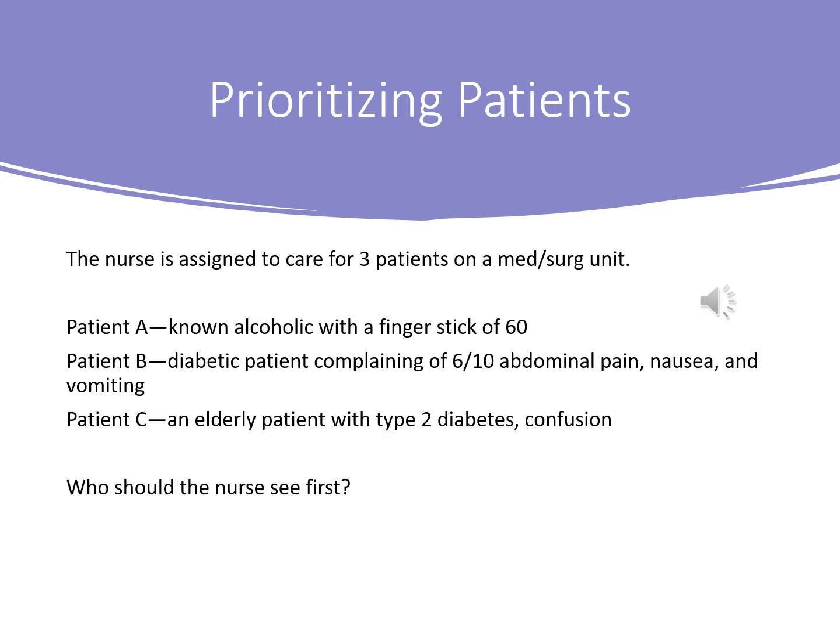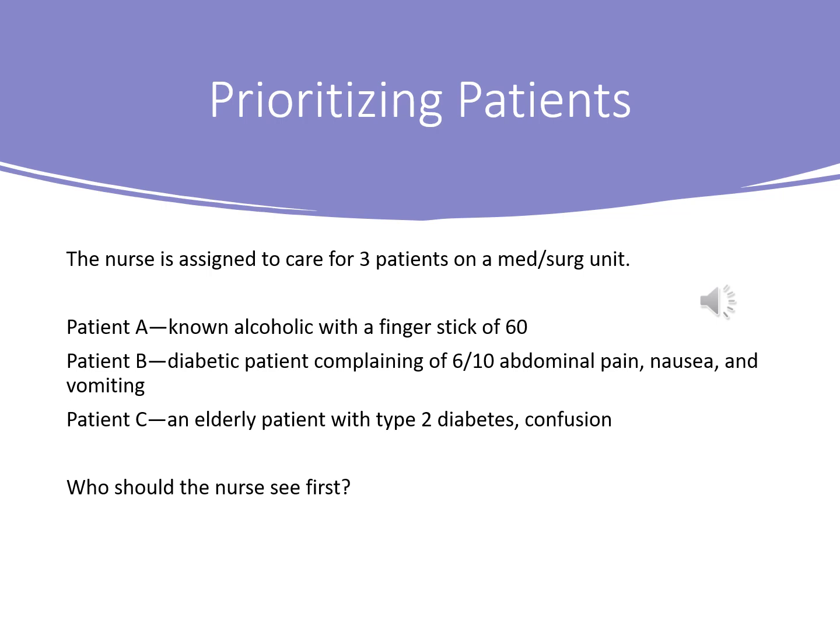So let's look at this question. Nurse is assigned to care for 3 patients on a med-surg unit. We have these 3 patients, and patient A, known alcoholic with a finger stick of 60, B, diabetic patient complaining of 6 out of 10 abdominal pain, nausea, vomiting, and C, an elderly patient with type 2 diabetes and confusion.